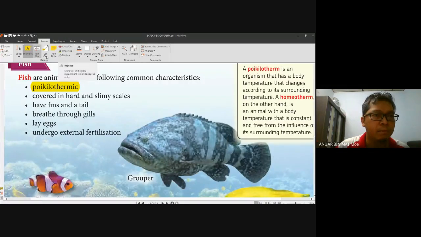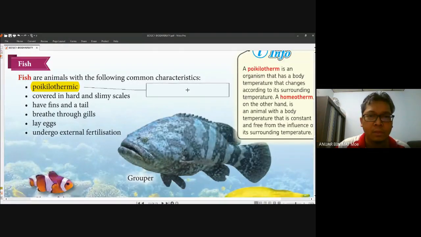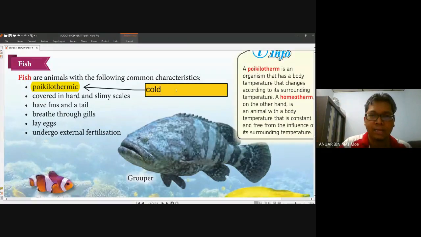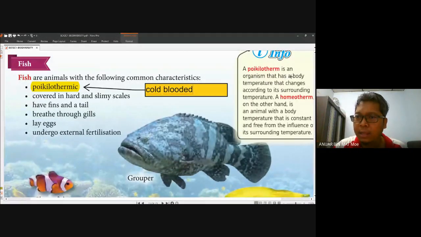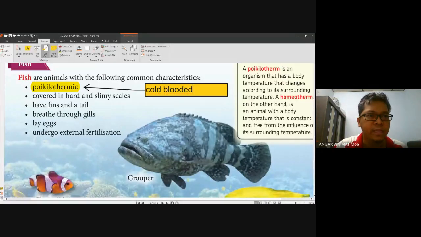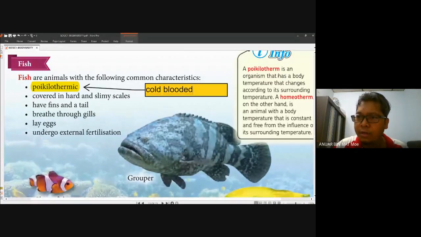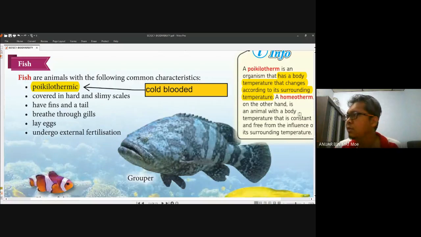You just remember it is cold-blooded, meaning that it has a body temperature that changes according to the surrounding temperature.